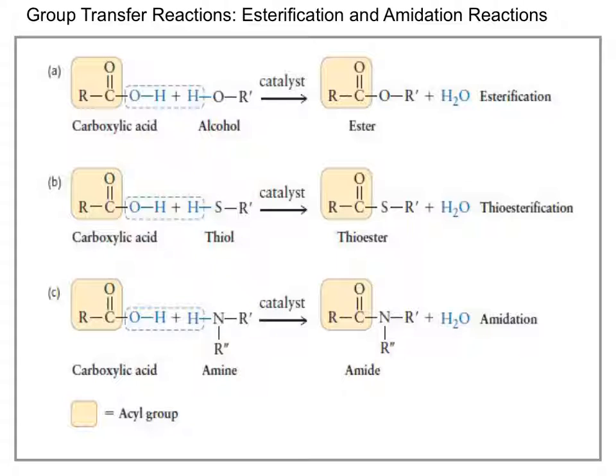In each case, the OH and the H are going to come together in order to form a water molecule. And then what will happen is the oxygen from the carbonyl is going to come in and attach itself to the carbonyl carbon from the carboxylic acid, and in doing so, forms an ester, thioester, or an amide.